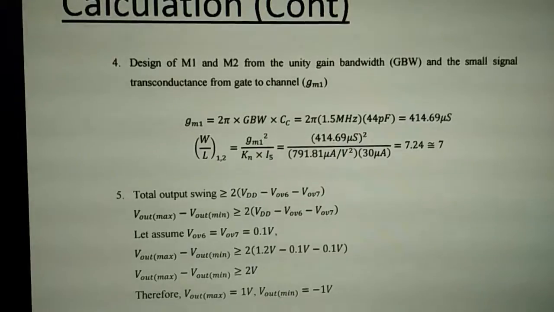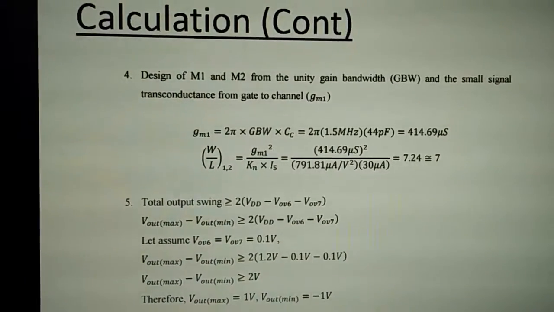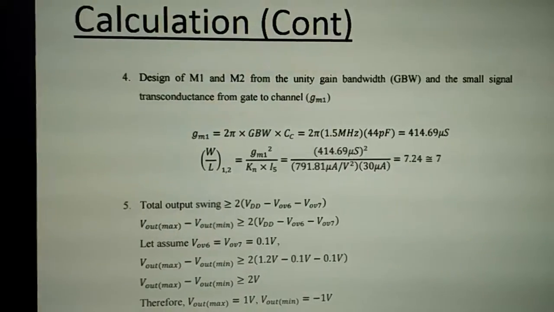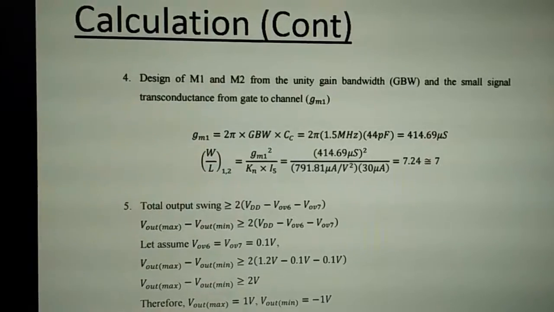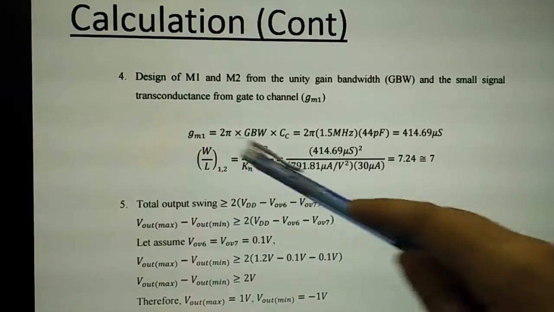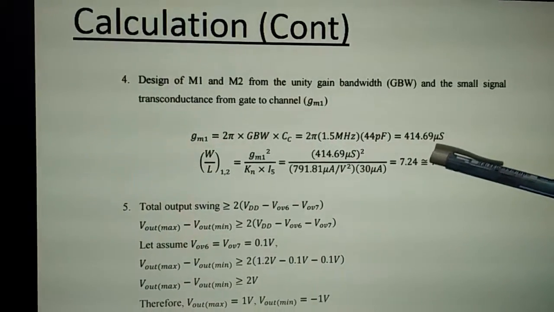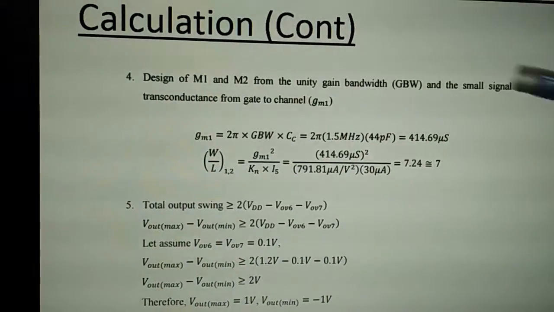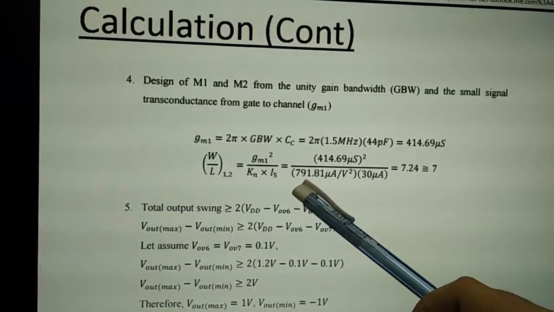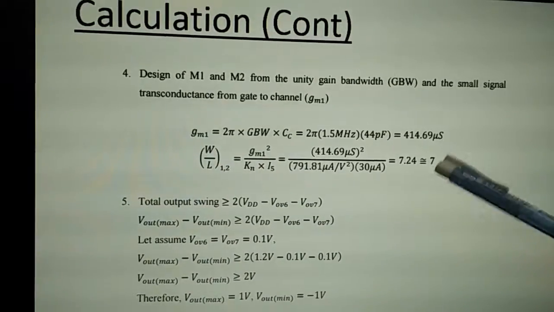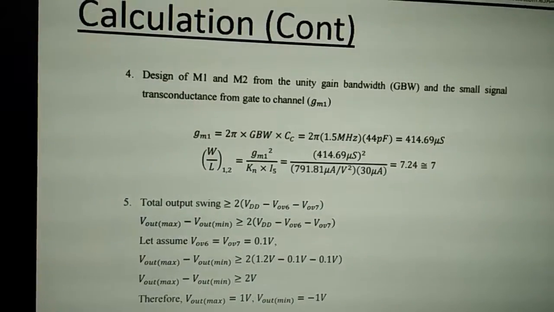Next, M1 and M2 are designed from the unity gain bandwidth and the small signal transconductance from gate to channel. From the equation, we get GM1 equal to 414.69 microsiemens, and then finally we get the aspect ratio for M1 and M2 equal to 7.24, which is approximately 7.